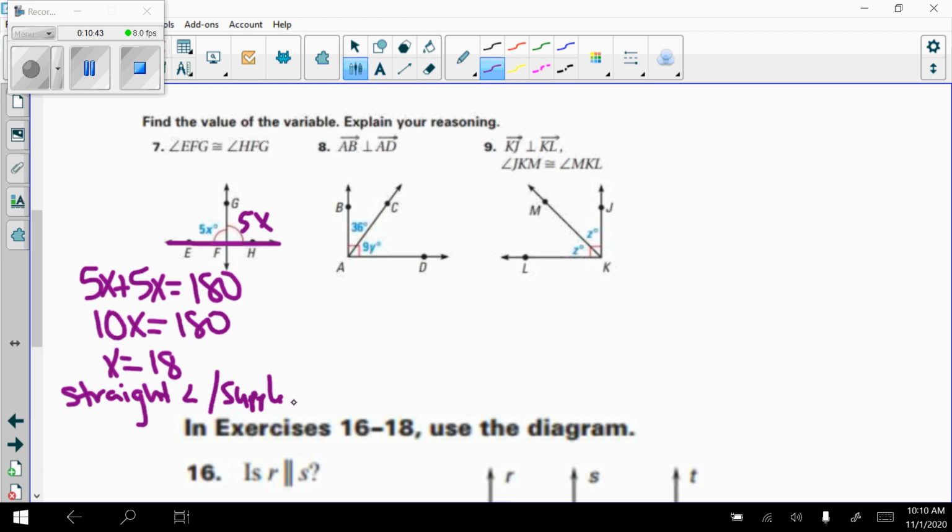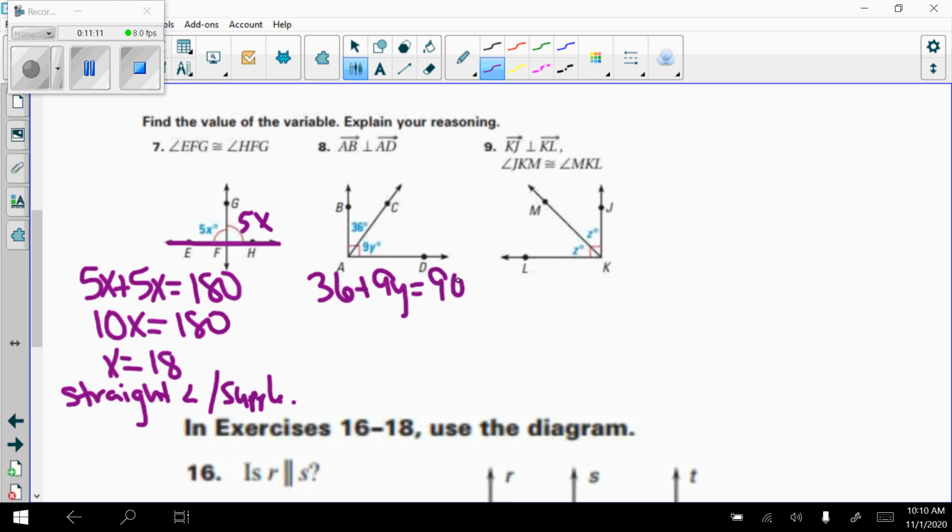Number 8, it tells me AB is perpendicular to AD. So that tells me that I have a 90-degree angle there. So that means that angle BAC and angle CAD are complementary. So that means when I add them together, they would equal 90. So my equation would be 36 plus 9y equals 90.